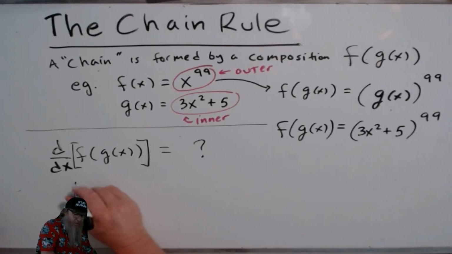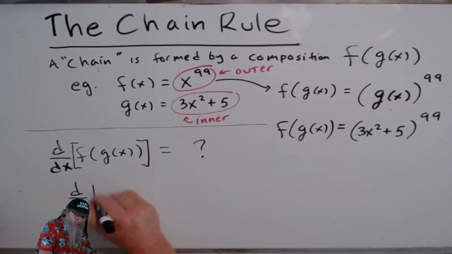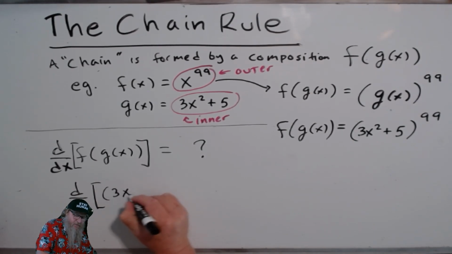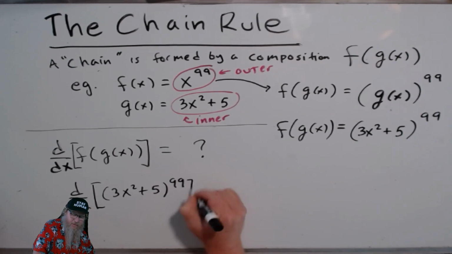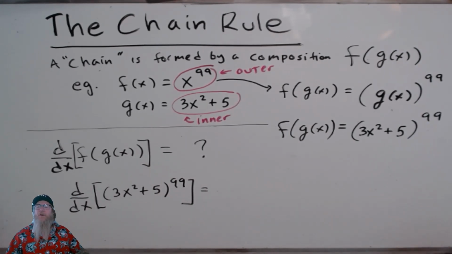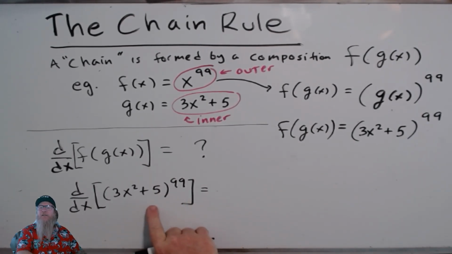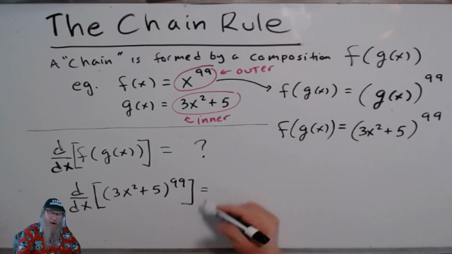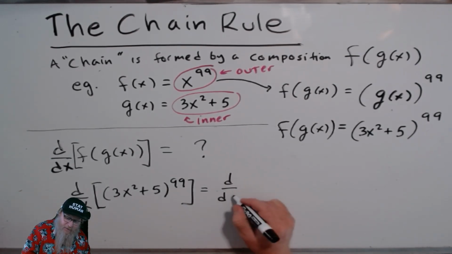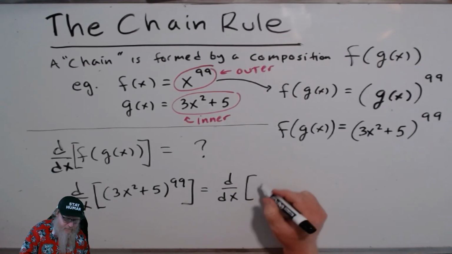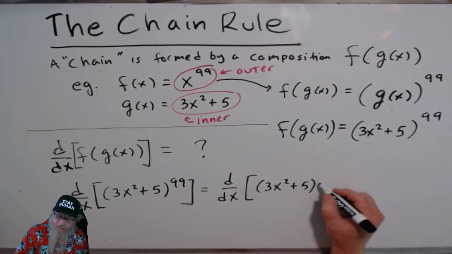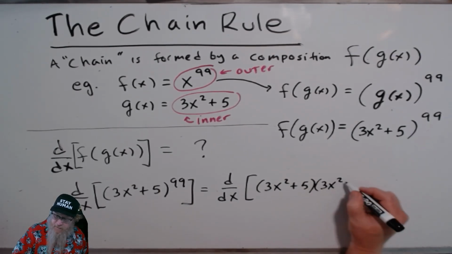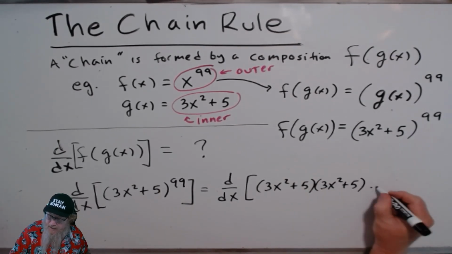I'm going to give myself some more room because that's how difficult it's going to be. In order to take the derivative of 3x squared plus 5 to the 99th power, I would have to write this out as 3x squared plus 5 times 3x squared plus 5 dot dot dot.